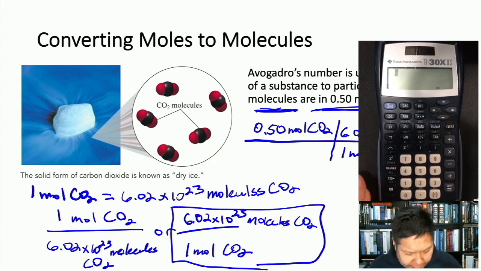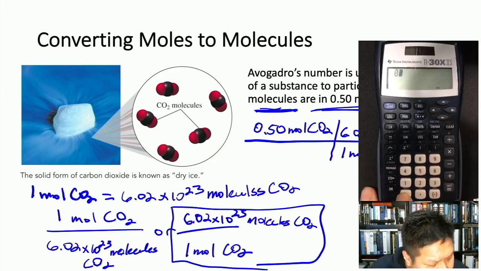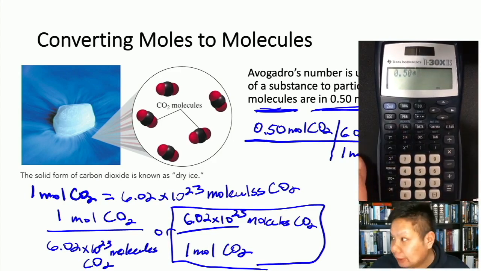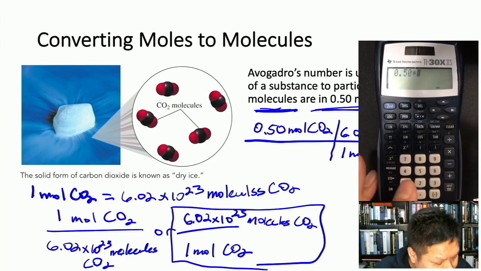So let's go ahead and calculate this out. Remember, when you do a dimensional analysis, you multiply everything at the top first, right? So 0.50 times Avogadro's number. This is how you would type in Avogadro's number into the calculator.